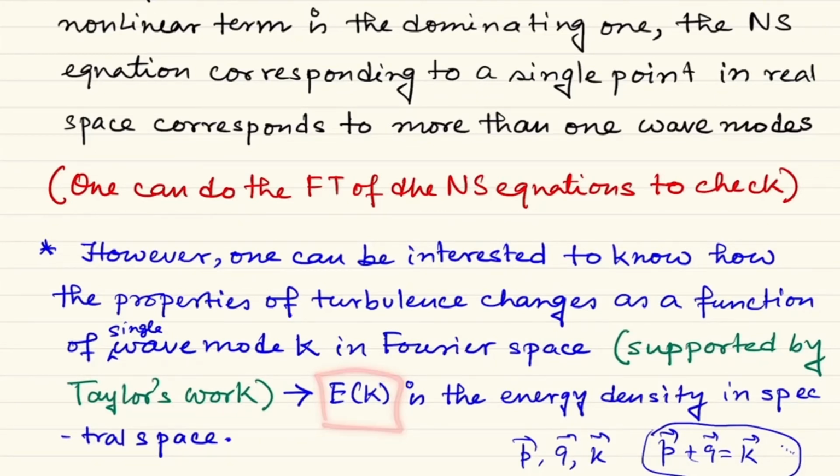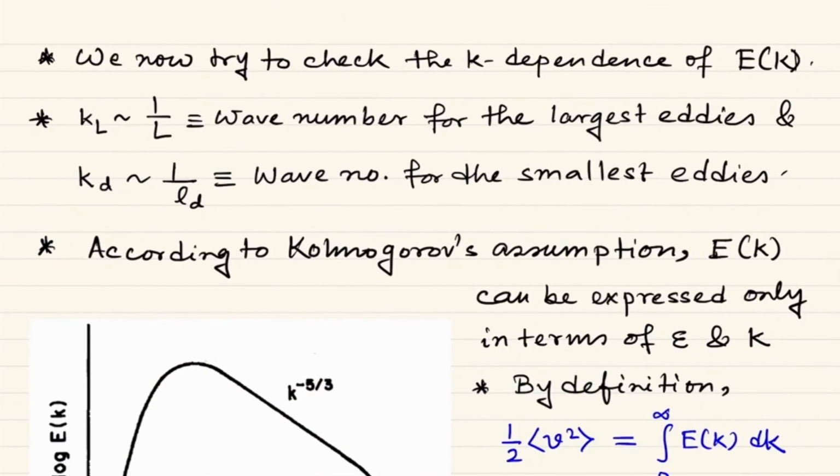So Ek is the energy density in spectral space. I don't know whether I have written this or not.